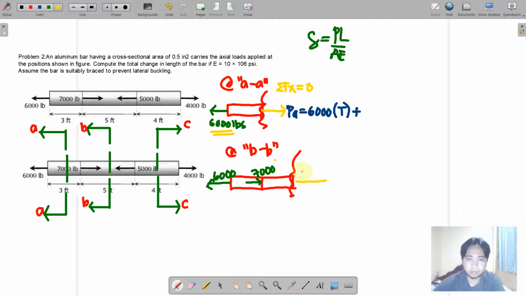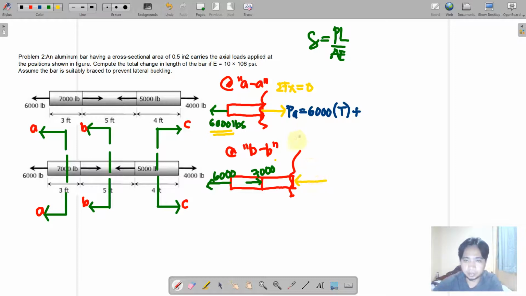If we do not know that, of course we can always assume a direction, but obviously it is much more rational to assume that this is going to the left portion.